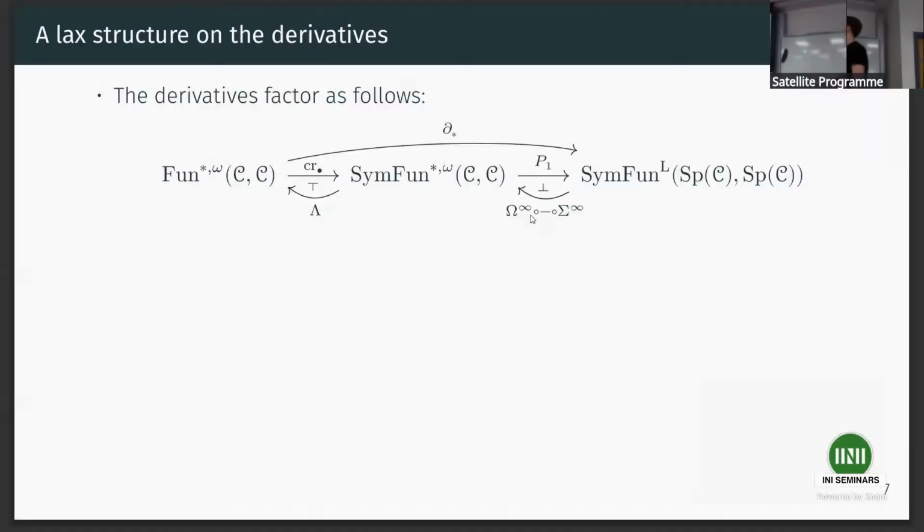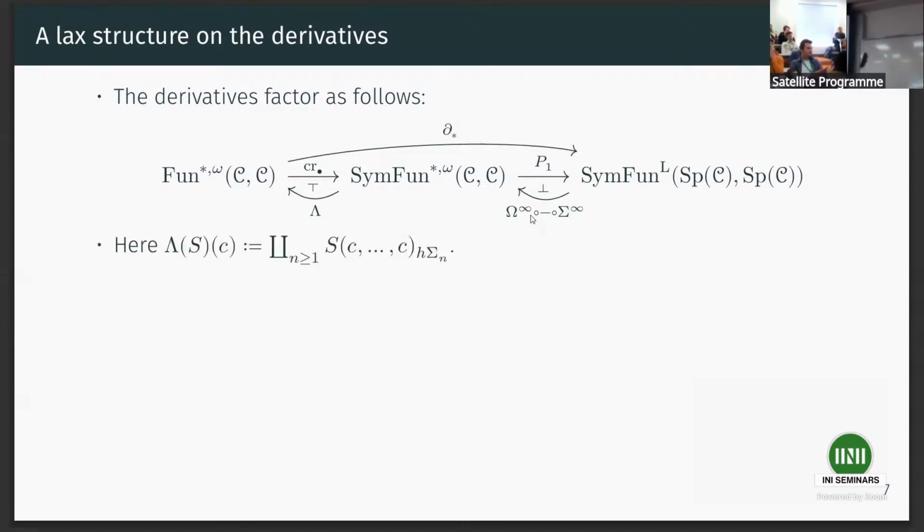And now it turns out that there's a left adjoint here, which I will come back to in a moment, and there's a right adjoint here. So it's quite close to the ideal situation that I sketched. It turns out that this functor here is a localization, so there are good criteria to check when a localization is compatible with a monoidal structure.